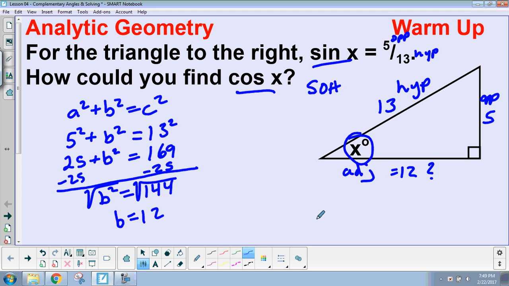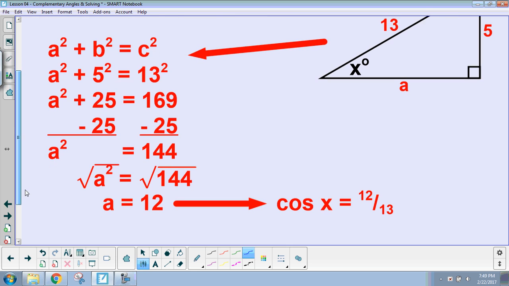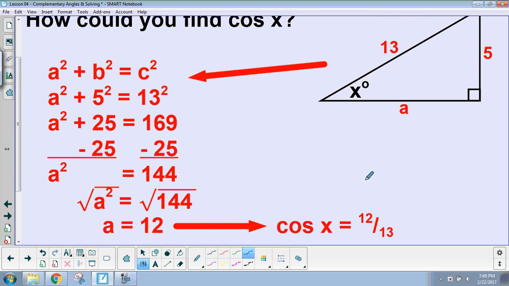So cosine x would be adjacent over hypotenuse, which would be 12 over 13. Let's check my work. They did Pythagorean Theorem as well. Cosine, yep. Good. Alright.